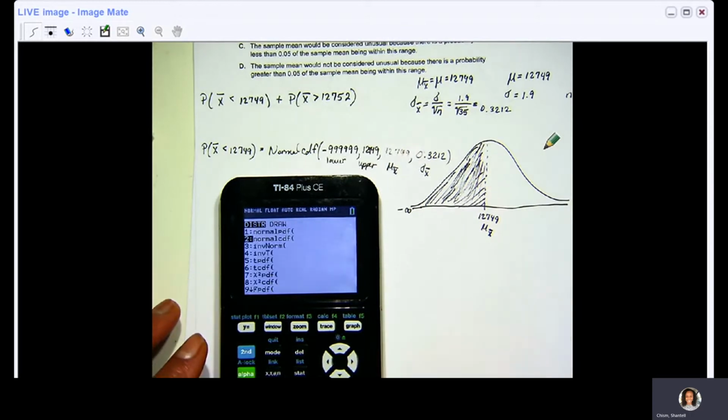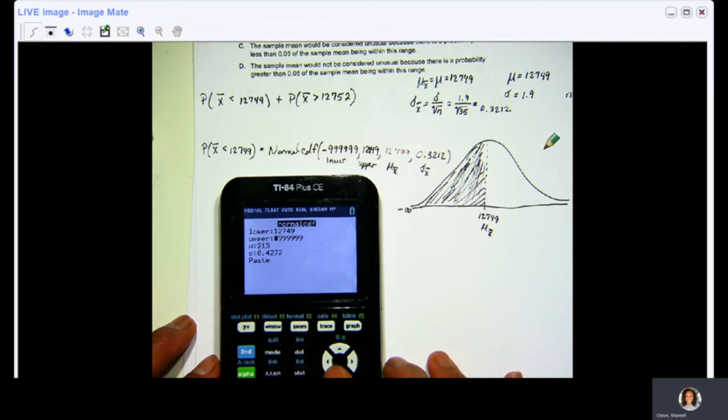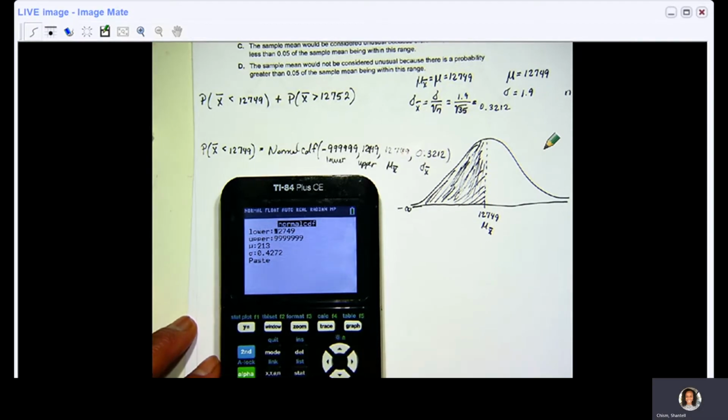But let's verify. Normal CDF. So my lower is negative infinity, negative 99999. My upper is 12,749. My mean is 12,749. And my deviation is 0.3212.